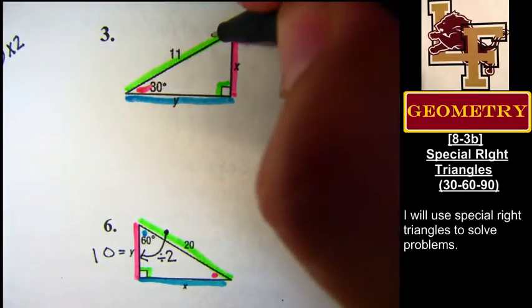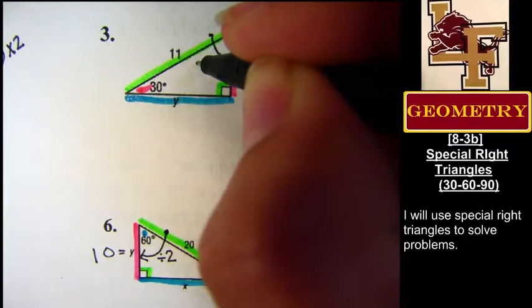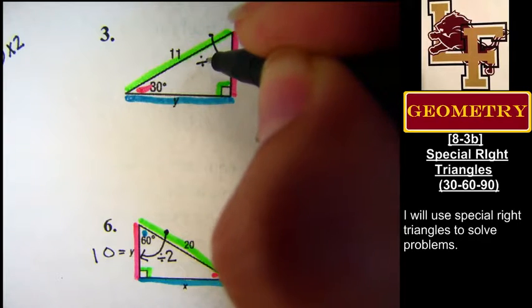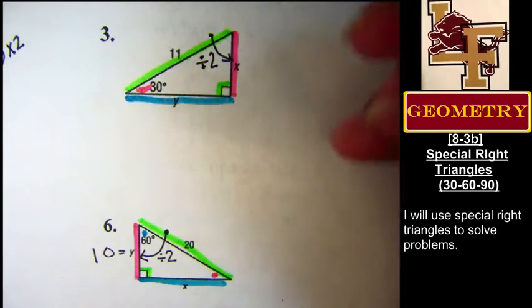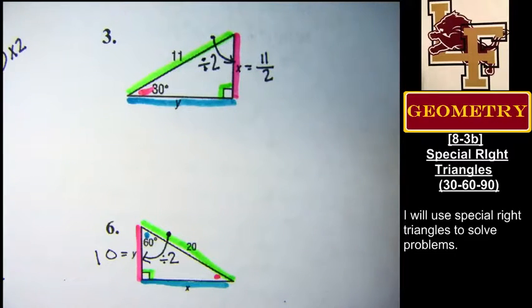To go from hypotenuse to short leg, I need to divide by 2. 11 divided by 2. I don't care about decimals. We're just going to leave it like that. That's it. That's all there is to it for the hypotenuse.